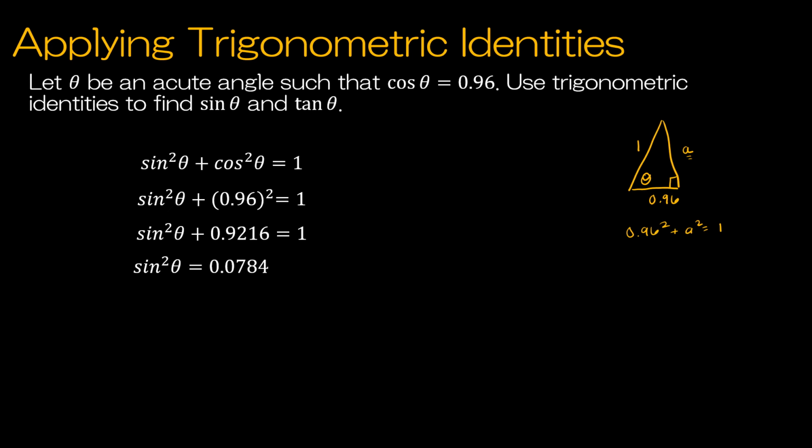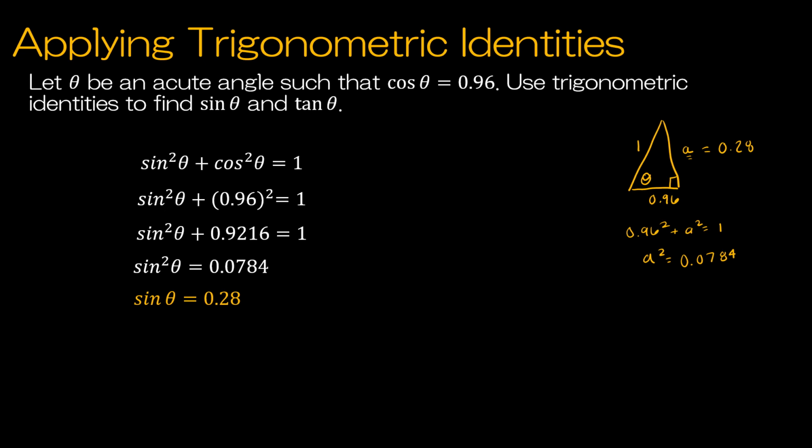We're going to subtract that from each side, which would give us sine squared theta, or over here would give us a squared is equal to 0.0784. We're going to get the exact same thing. Take the square root to find that sine of theta is 0.28. So a equals 0.28. Notice I'm going to get the same thing.